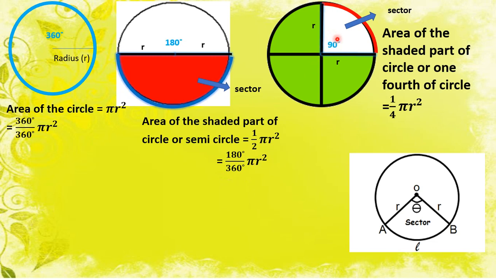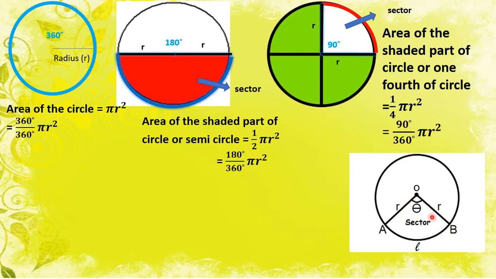Similarly, for this third figure, this circle is divided into 4 equal parts, and this is the angle of 90 degree. So out of 360 degree we are talking about the 90 degree angle. So the formula we can write is 90 degree upon 360 into pi r square. So in terms of angle we can find the area.